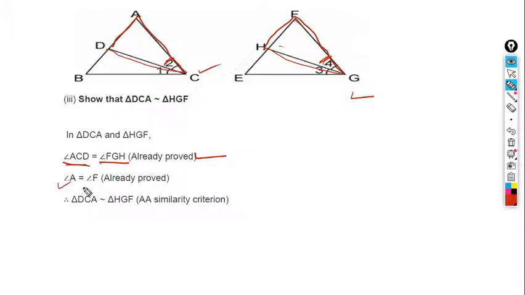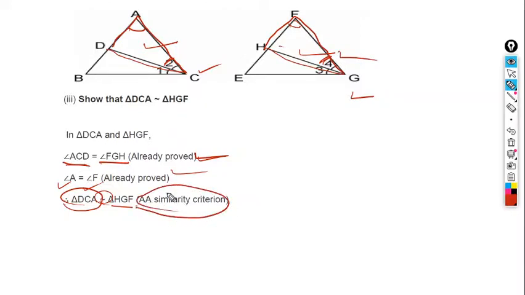Again, angle A is equal to angle F, because it is given that triangle ABC is similar to triangle FEG. Now you see two angles of this triangle are equal to the corresponding two angles of the other triangle. Therefore, triangle DCA will be similar to triangle HGF. This similarity criterion is the angle similarity criterion.